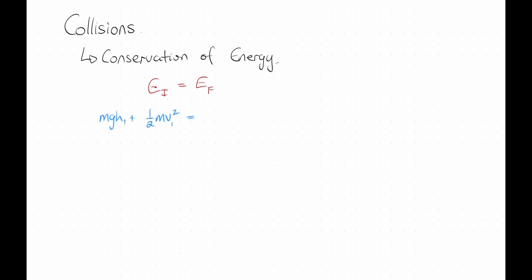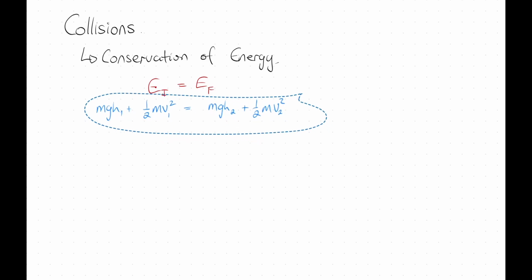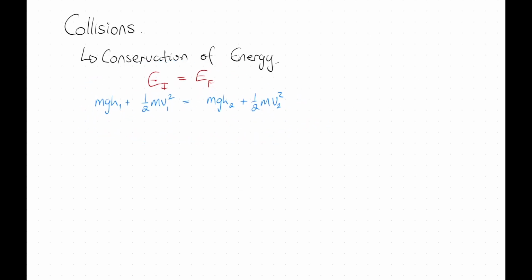So I'm going to add a 1 there and a 1 there: mgh2 plus a half mv2 squared. So our initial energy is going to be equal to our final energy. However, something to be aware of in this situation is, where's my thermal energy? Where is my sound? It's not there either. So I have no thermal energy and I have no sound being created as part of this relationship.